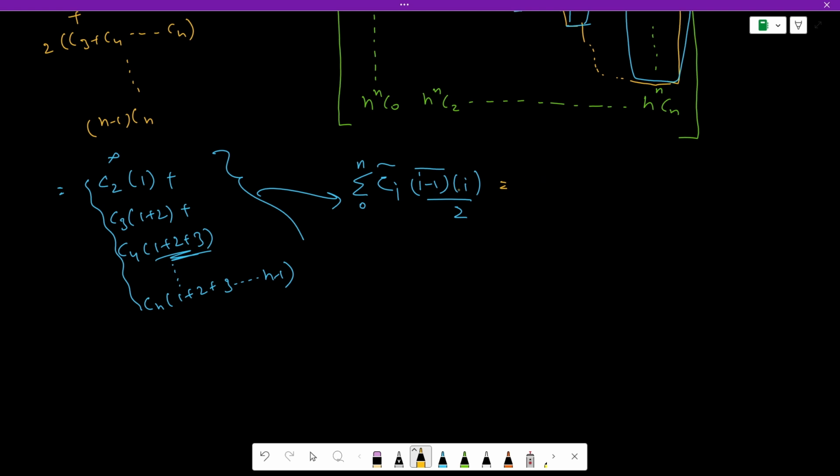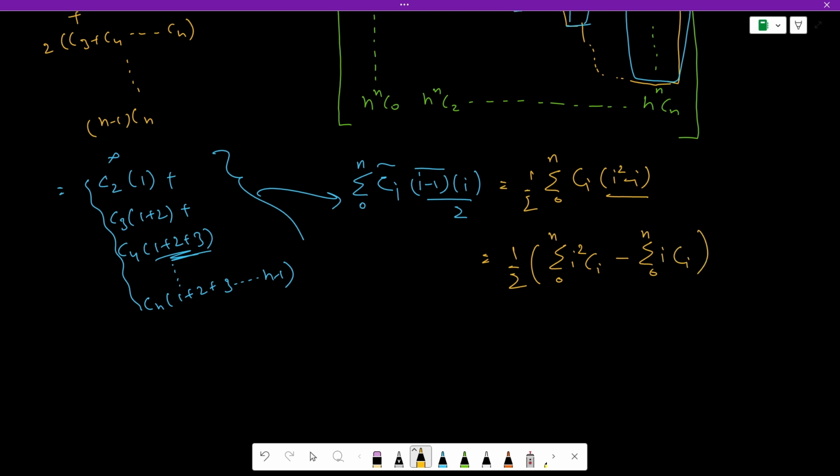So this is a general term and we can now just split it. It will be summation 0 to n ci into i square minus i, and we can keep the 1 by 2 outside, so this will be 1 by 2 into summation i square ci 0 to n minus summation 0 to n i ci.